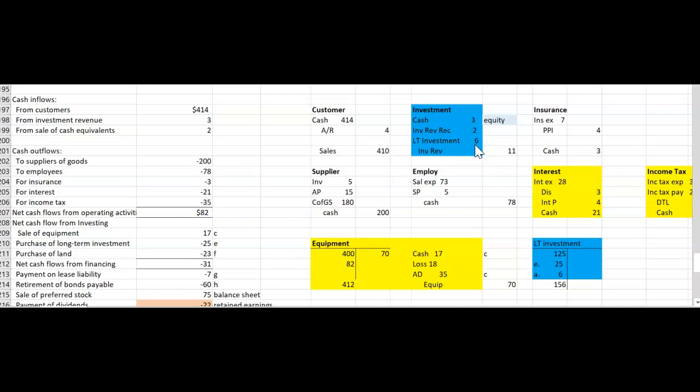It was the share of their profits. And if you look at the balance sheet in the current assets section, you see investment revenue receivable, and that was increased by $2 million. So to balance our cash from investment revenue, we have $3 million in cash.